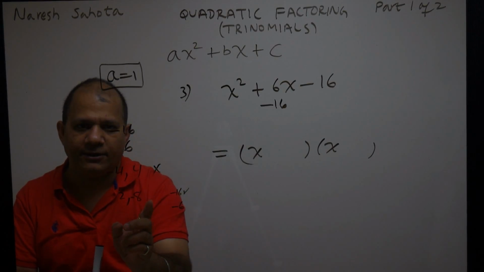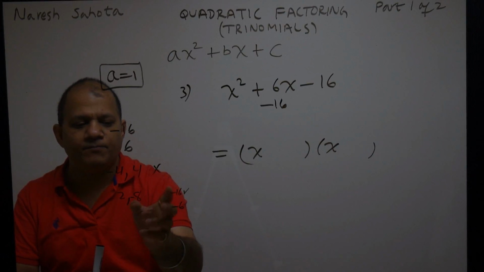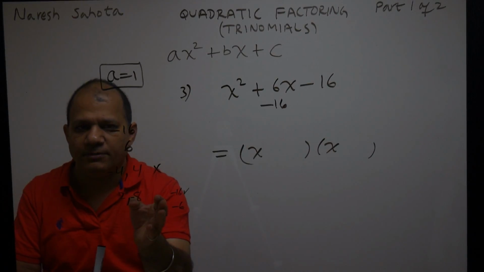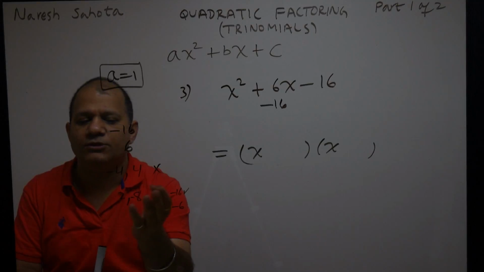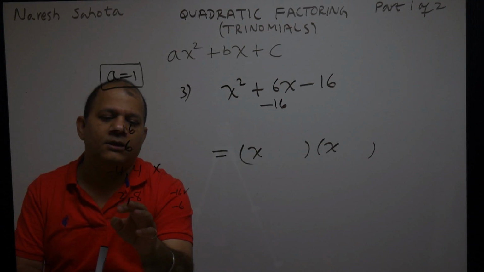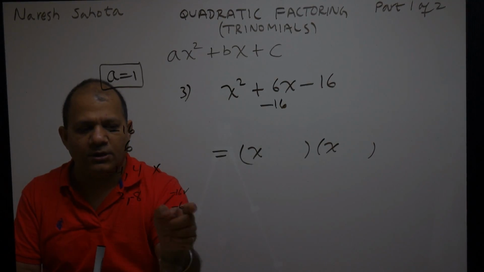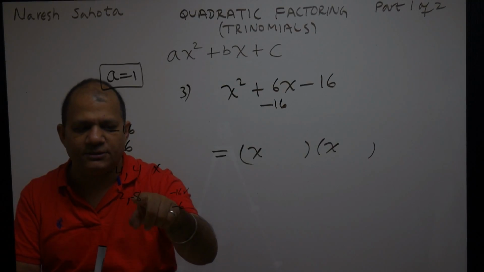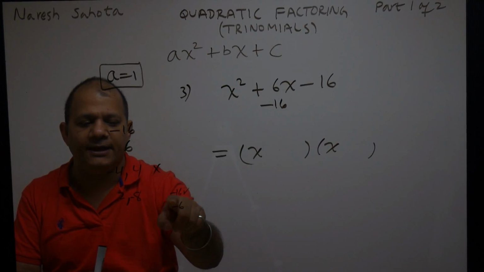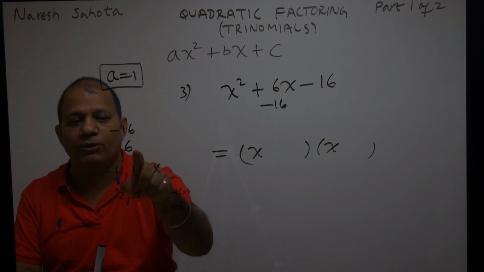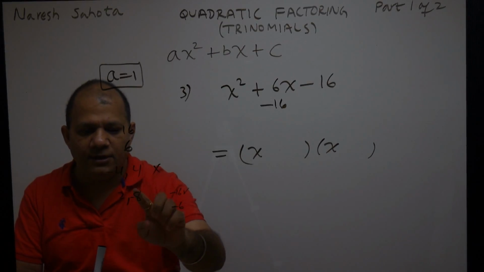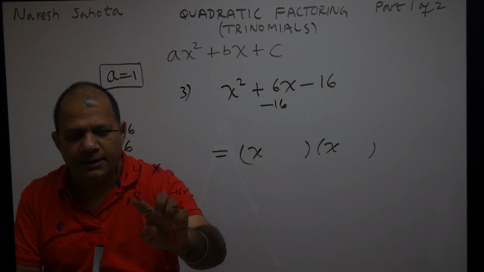So this is trial and error. You don't know which one is going to be negative, so you put negative on whichever one you think might work. So try one. If that doesn't work, like here, we know it doesn't work because we get negative 6 when we add these, but we want positive 6. So then we say, okay, let's try it this way.